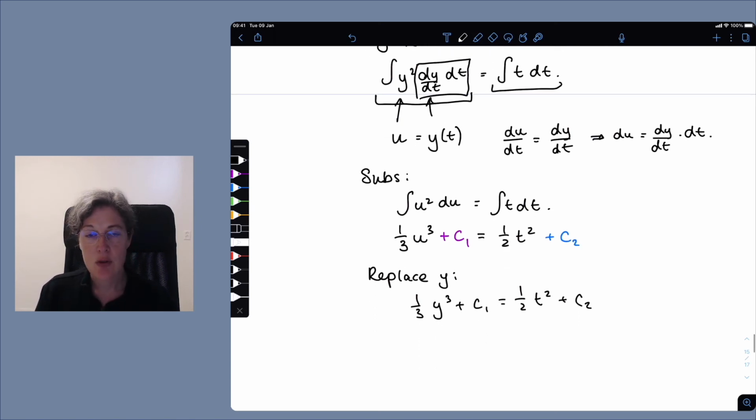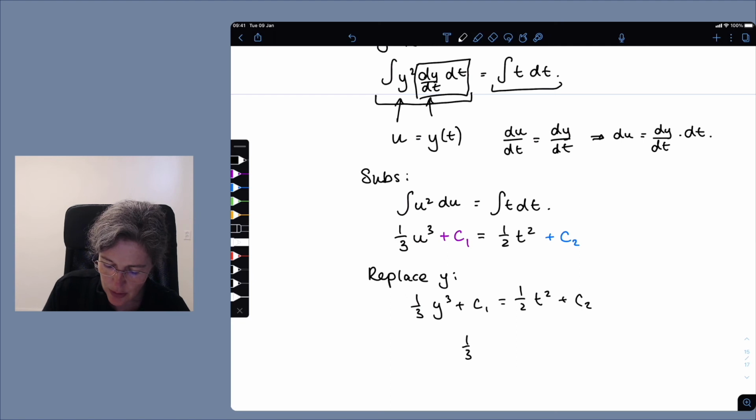And if you think about it, you want y to be a function of t, so you want to write it in the form y is equal to stuff only involving t's. So let's do some reorganizing. So we've got 1/3 y cubed is equal to half t squared plus c2 minus c1.